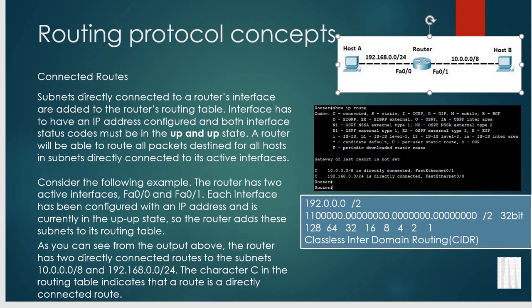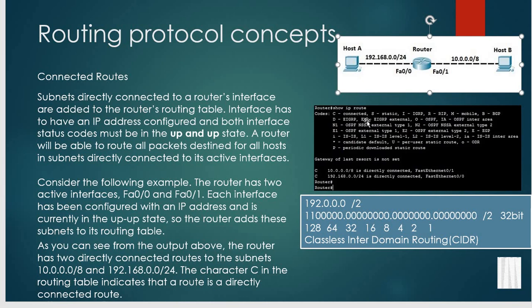As you can see from the output above, the router has directly connected routes to the subnets 10.0.0.0/8 and 192.168.0.0/24. The character C in the routing table means that the route is a directly connected route.